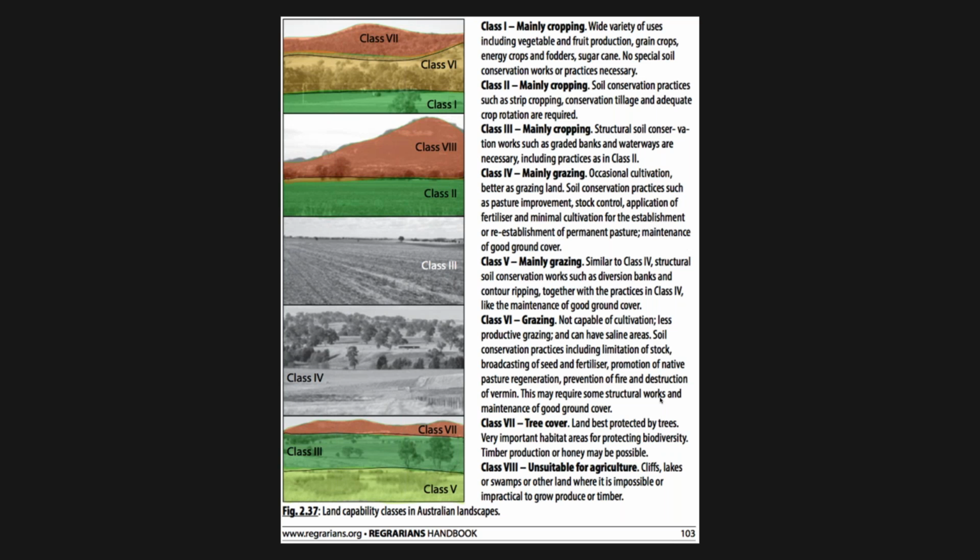The practices that we recommended were to try and elevate the soil carbon levels as much as possible, which is what Yeomans was always trying to do. He was trying to create soil.